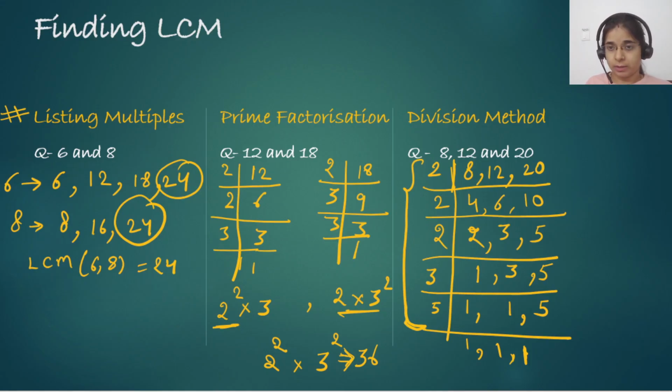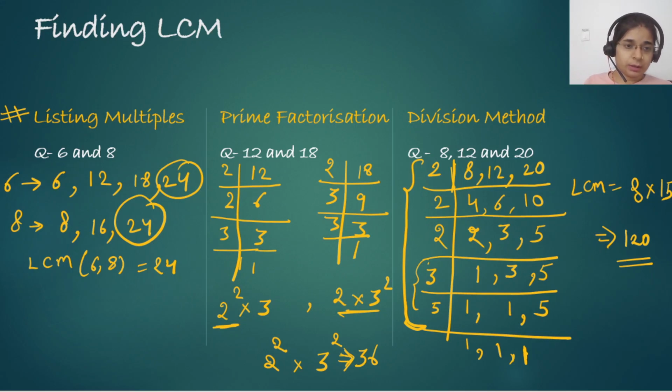So what is the LCM for these three numbers? You have to multiply all of them. 2 twos are 4, 4 twos are 8, you can write 8 here, and 8 times 3 fives are 15, so 8 times 15, that is 120. 120 is the LCM for all the three numbers.